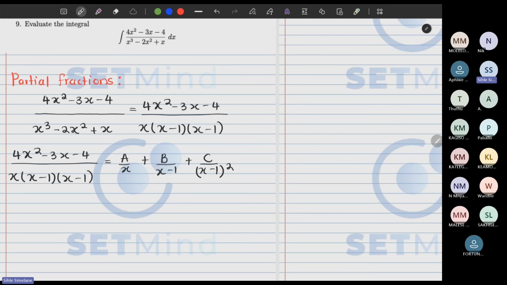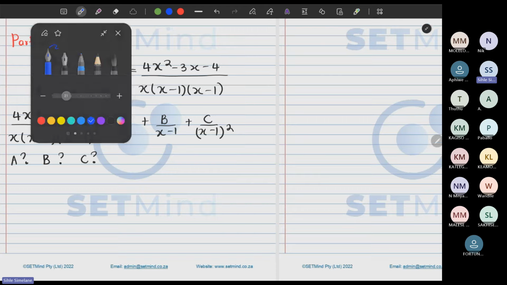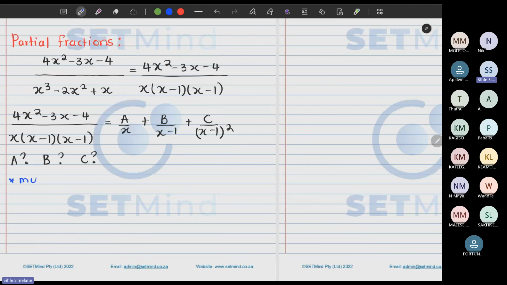Now, what we need to do is to go and figure out the value of A, the value of B, and the value of C. Do we have anyone who remembers how we do that? Anyone, guys? Okay, let me go ahead. If you remember your partial fractions, I'll need you to go and revise that.